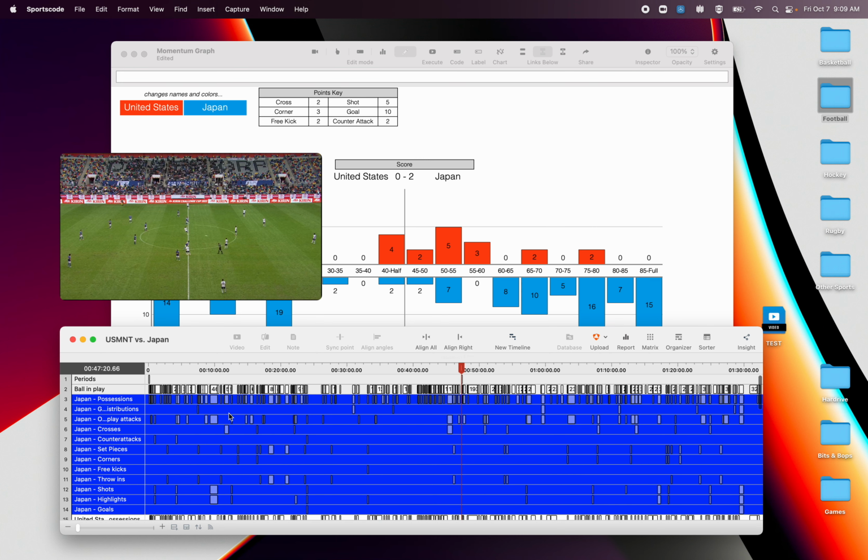Now, for something like soccer, where the 45 minutes is continuous and they don't stop for injury breaks or water breaks, and the time stops, the clock is always moving. Momentum graphs make it really easy because we just have to set two start times, one at the very first whistle and one at the very start of the second half as well.